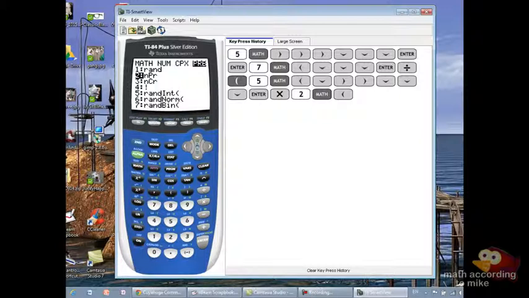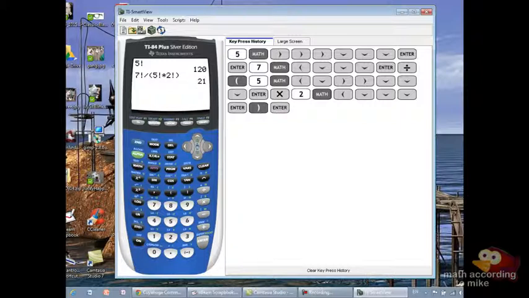Now the times sign is actually optional. You shouldn't need to write it. The calculator will understand, but it's okay if you do. And notice we put this in, we get our 21 that we received by hand earlier.